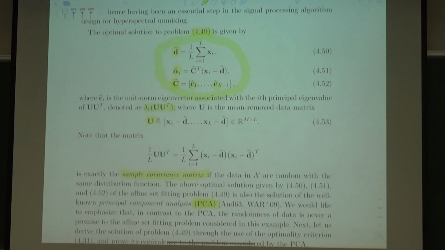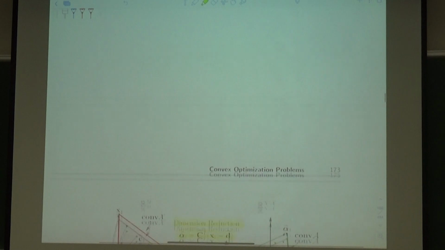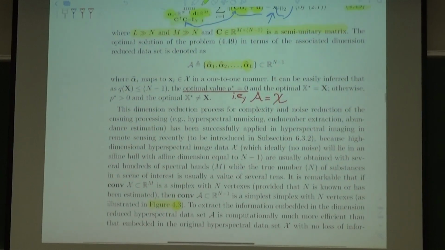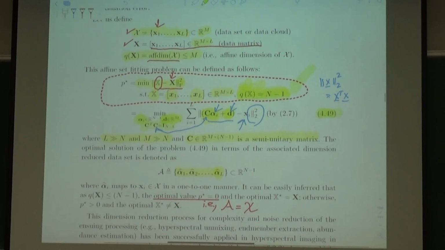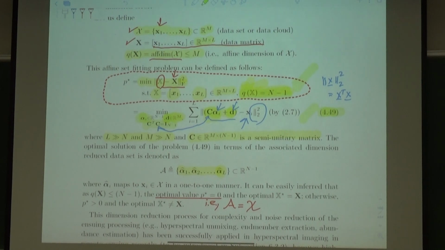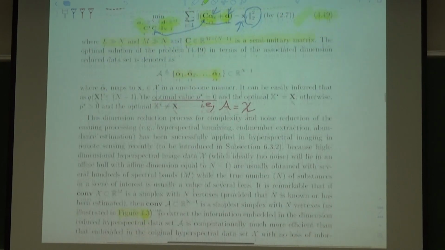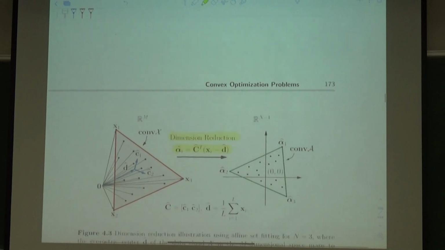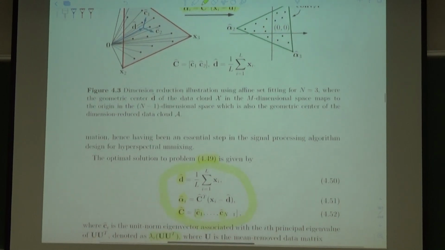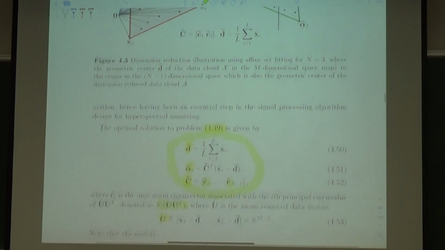Then this is a paper, applying hyperspectral imaging. Now it becomes a high citation paper. But it is published in IEEE Transactions on Signal Processing.